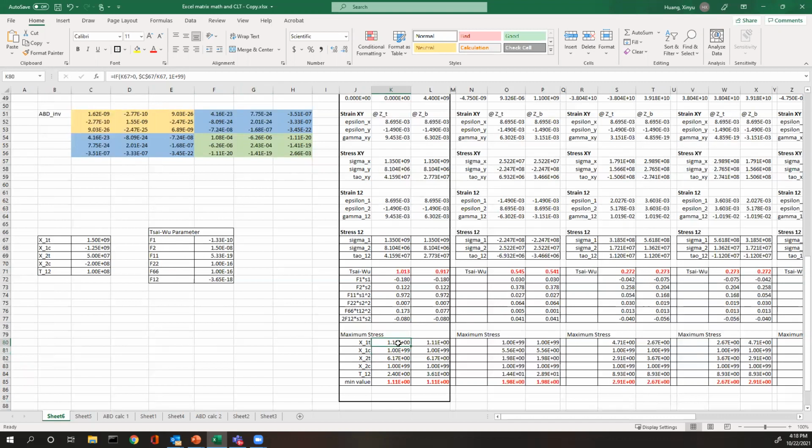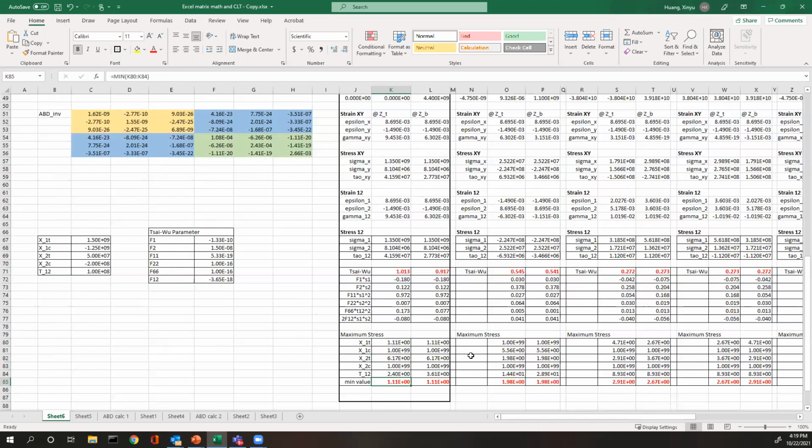I do the same thing for the first threshold. If the stress is compressive and negative, then the tensile stress will not be the failure mode. I gave it a pretty high number here. And then at the end of the block, I calculate the smallest among them all. The smallest of these ratios is the mode that will get close to failure.